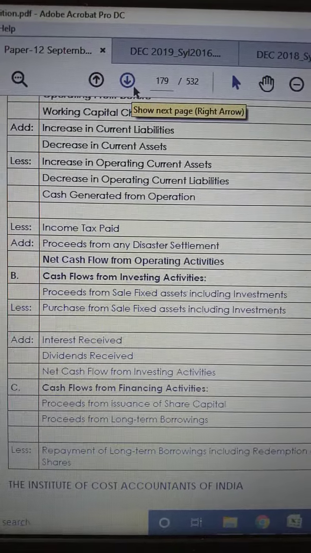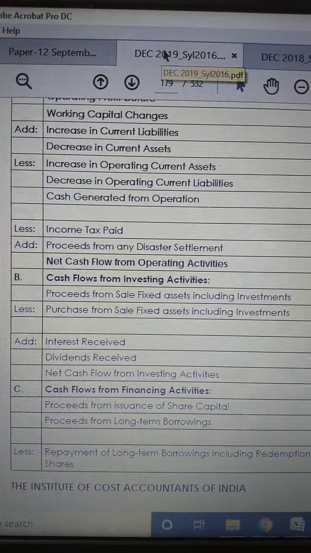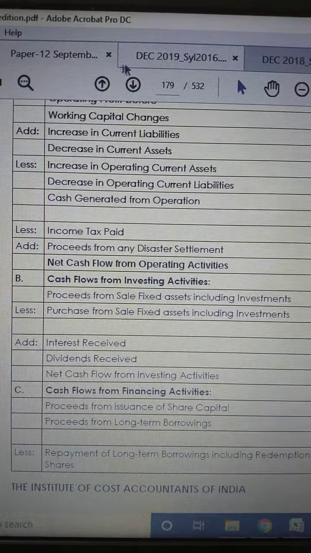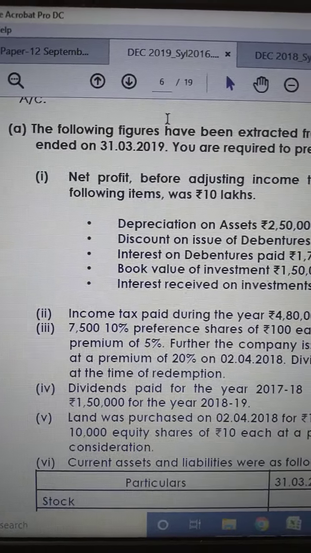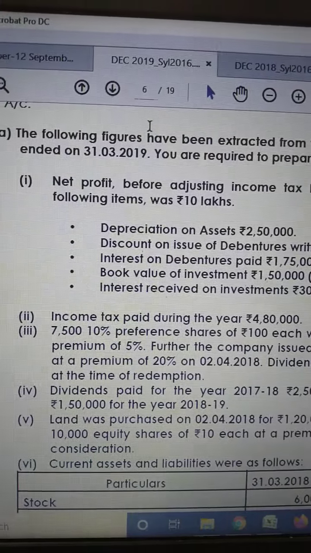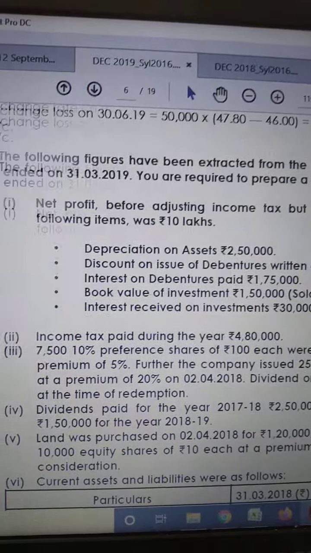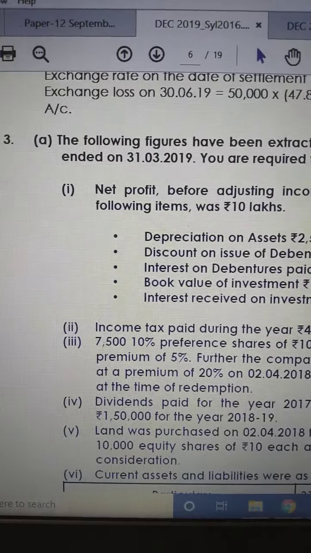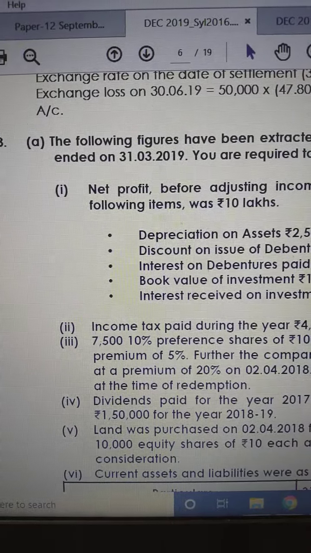I am going to work out the December 2019 cash flow statement problem, syllabus 2016, December 2019 attempt, suggested answer. Question number 3. I will provide you the link below this video. Please click the link.